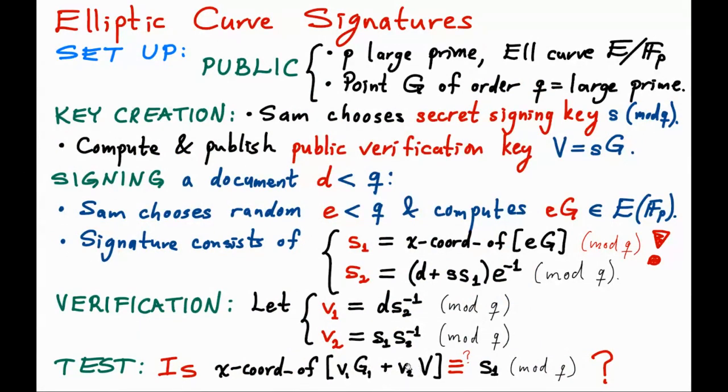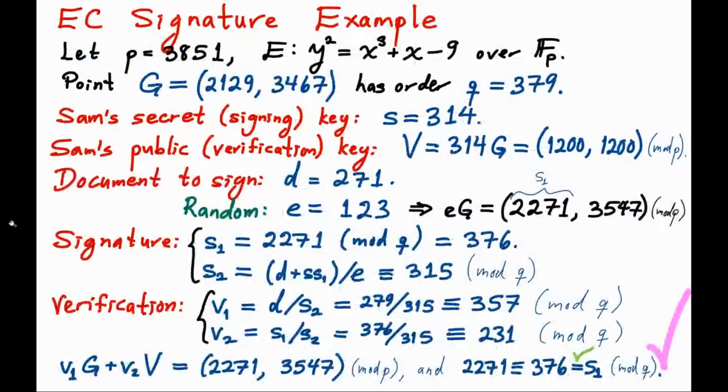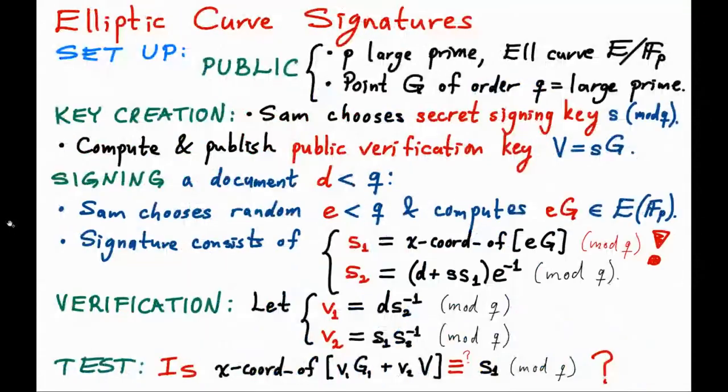So the exponents live modulo Q, the points on the elliptic curve live modulo P. So this is arithmetic modulo P. And at the very end, you reduce this modulo Q, right? To see if it's the same as S1. So anyway, but before that, is there a question about this?